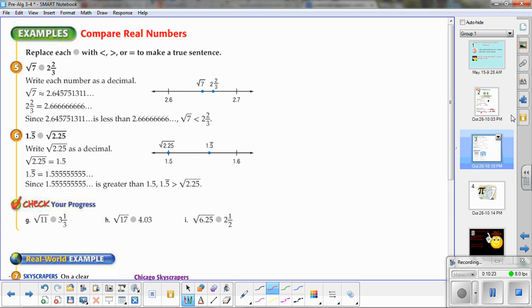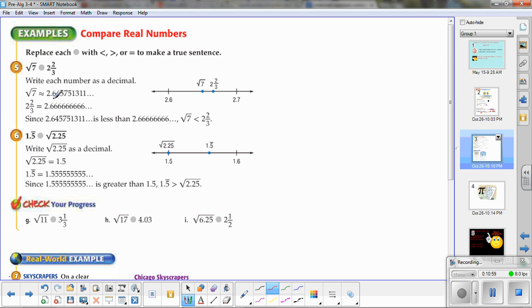Now the next thing you're going to be doing is comparing real numbers. The first one is the square root of 7 and then 2 2/3. Well, the square root of 7 is about 2.64575 and so on. And 2/3 we know is 0.6 repeating.